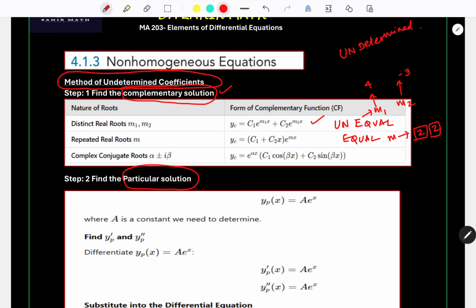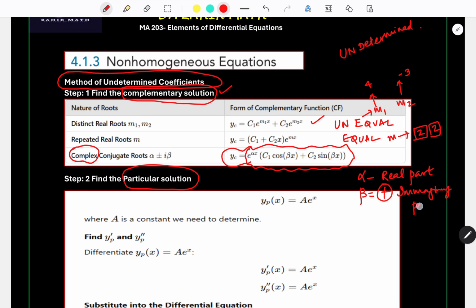Next, if you get complex roots, your formula will be e power alpha x, c1 cos beta x plus c2 sin beta x. Alpha is called the real part and beta is always the positive imaginary part.